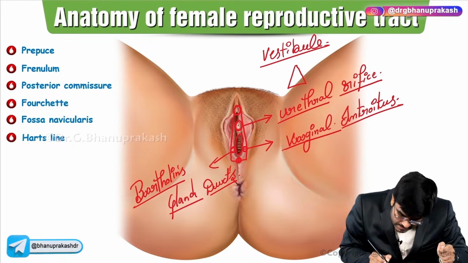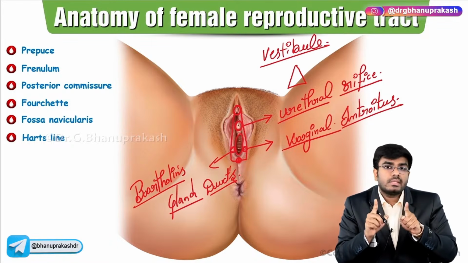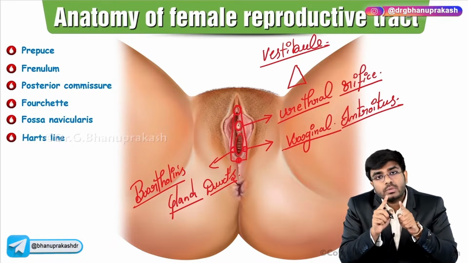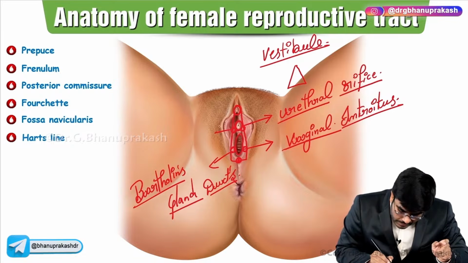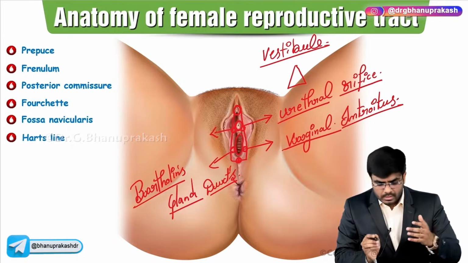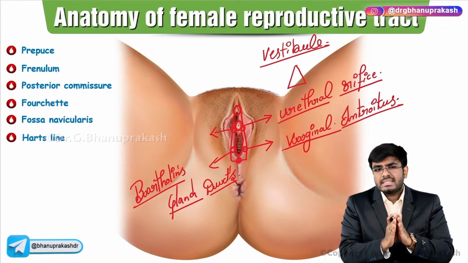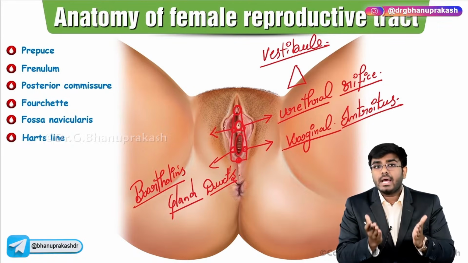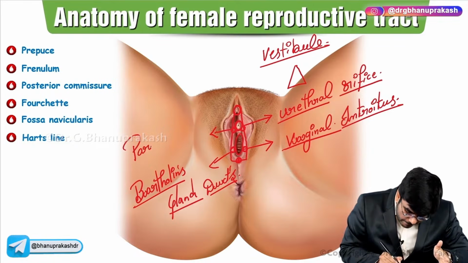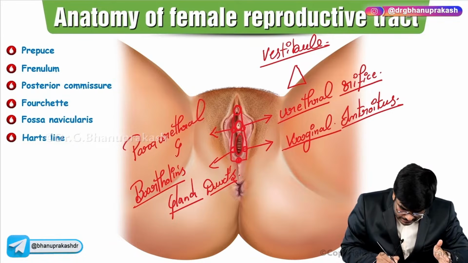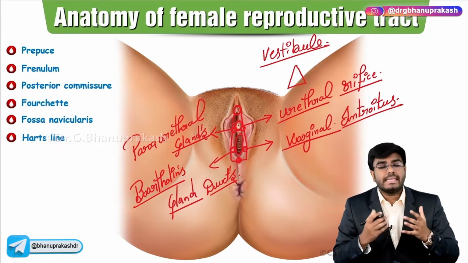And at the side of the urethral orifice, over here in this area, there are certain ducts which open. Can I call them para? Yes, so the ducts of the paraurethral glands, which are also known as Skene glands.